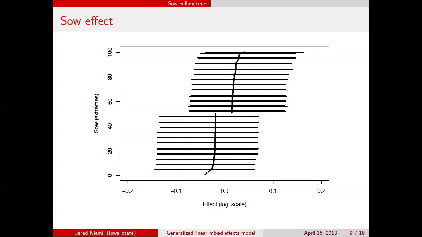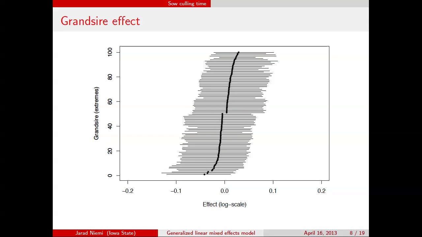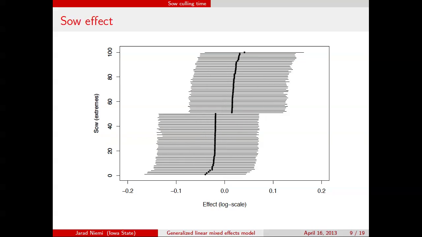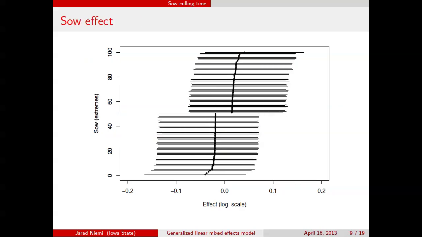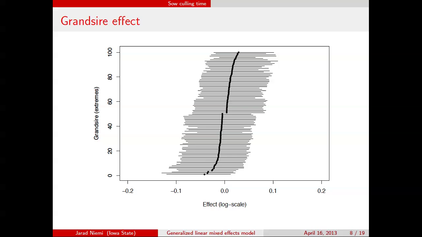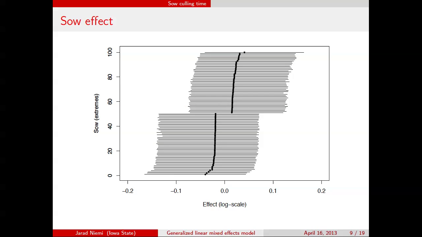One thing you might wonder about is what the effect is of grandsires versus sows. It seems like the effect is at least on the same scale. These medians fall about the same spot for both the sows and the grandsires.